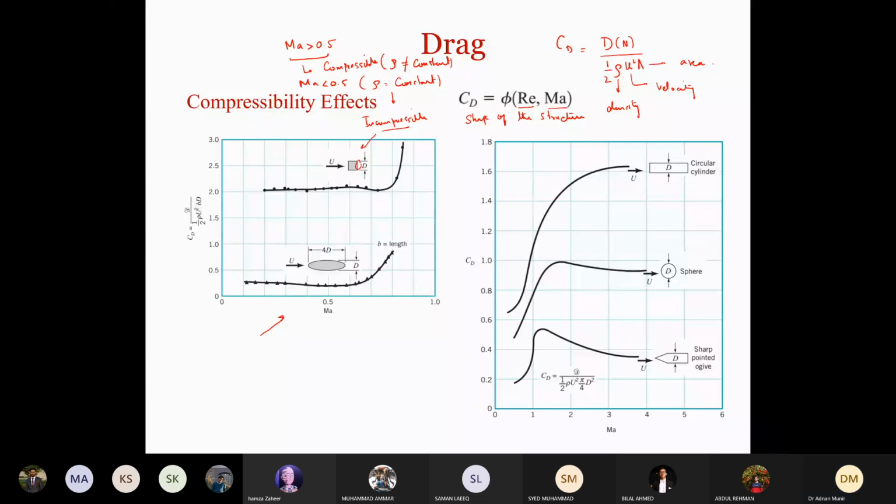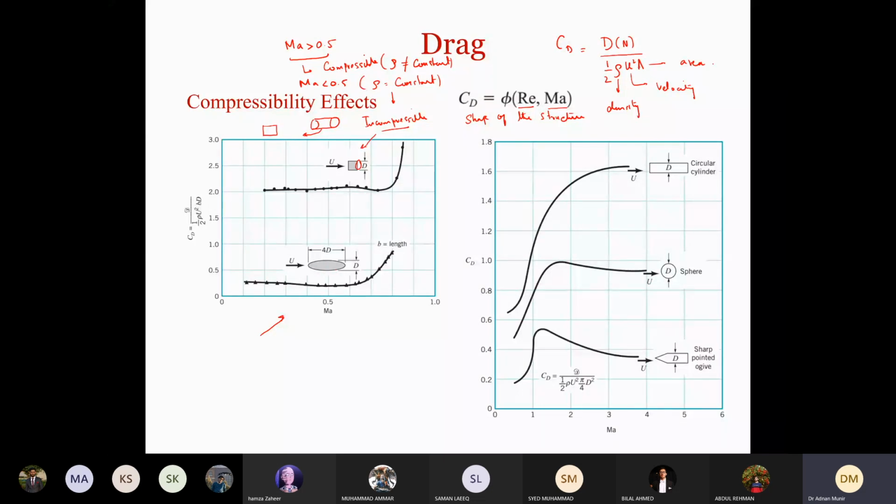Actually, it is a circular cylinder like this, but if we see it from the front view, we will see only a square like this, which is called the projected area. So these are the results for a circular cylinder, and these are the results for an ellipse. These are the experimental results obtained from a wind tunnel.